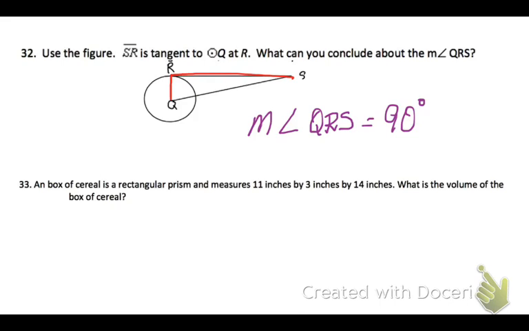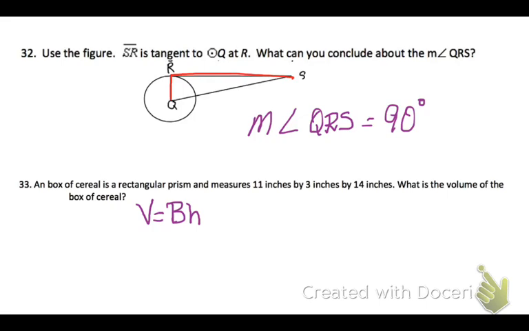A box of cereal is a rectangular prism and measures 11 inches by 3 inches by 14 inches. What is the volume of the box of cereal? Normally I would have you sketch this, but this is a 3-dimensional figure. So what I really want you to do is just remember the formula for the volume of a prism is the area of the base, that capital B means area of the base, times the height of the prism.